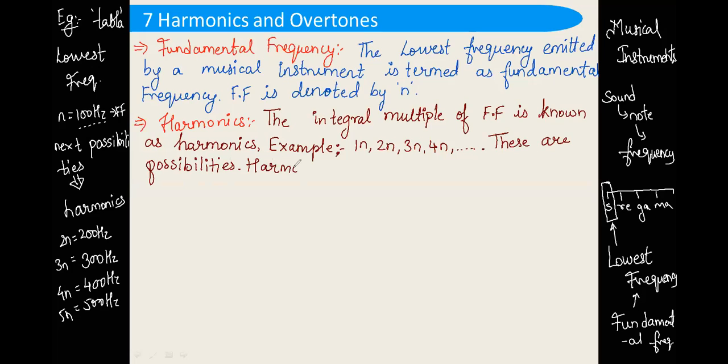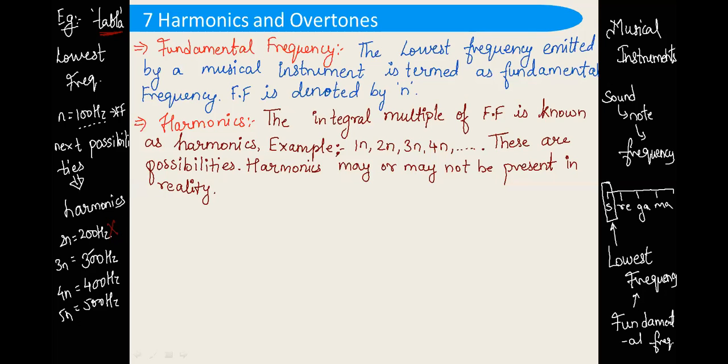Harmonics may or may not be present in reality. In reality, if we play a tabla, there can be a possibility that the second harmonic is not present.